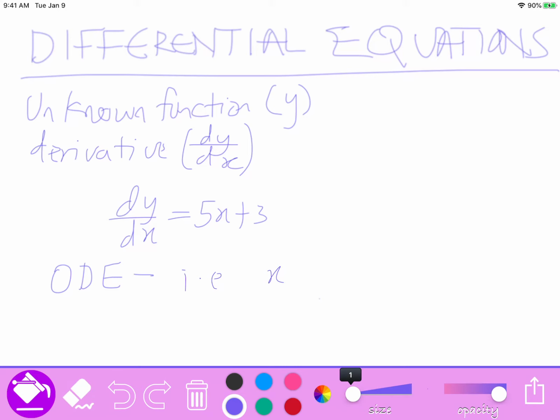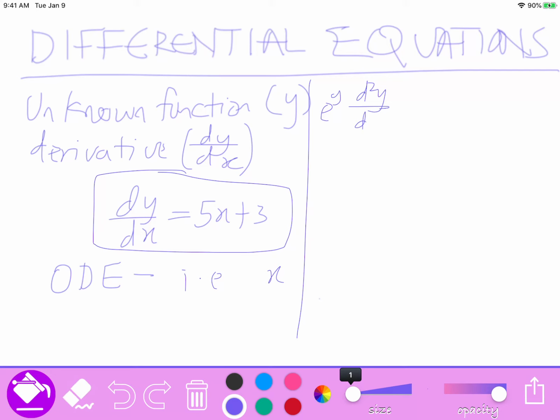And an example is given above here: dy/dx is equal to 5x plus 3. Another example of a differential equation is e to the power of y, d squared y/dx squared, plus 2 (dy/dx) squared is equal to 1.